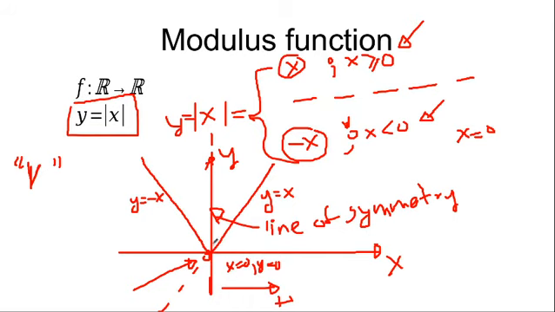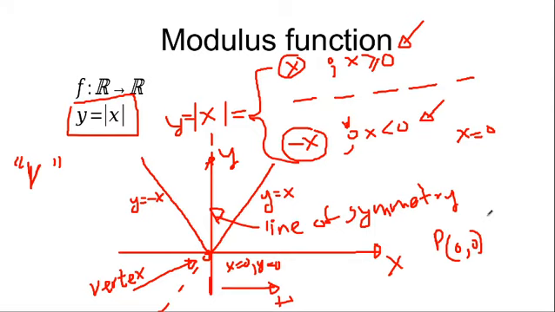That means the minimum value or the vertex, let's call this vertex, so it can be used in a general way. Vertex is at the origin 0, 0, right? This is the vertex of this function. So the vertex will change depending on the function.